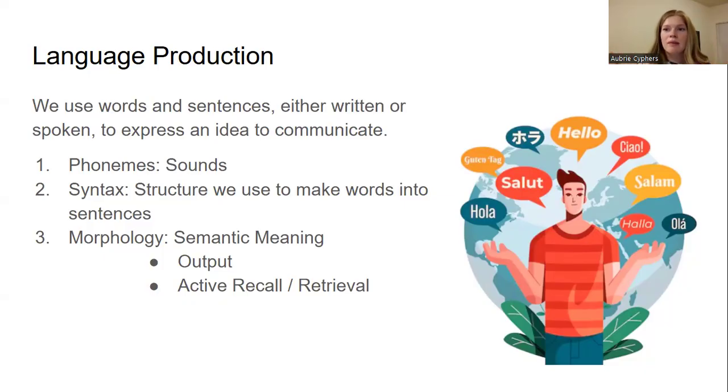Like you have to make sense of everything that I'm saying. And language production involves our active recall skills. It's like our memory is retrieving all of the things that we know that maybe we have heard before, and we're able to produce it into language to communicate.